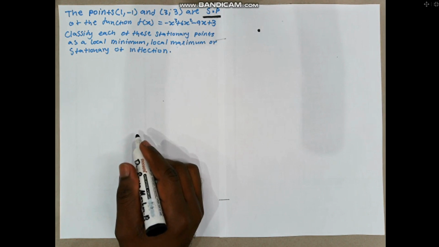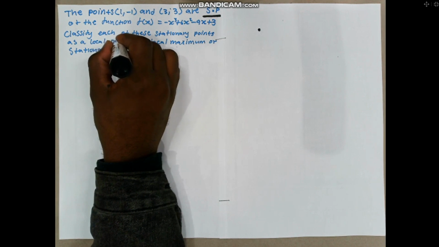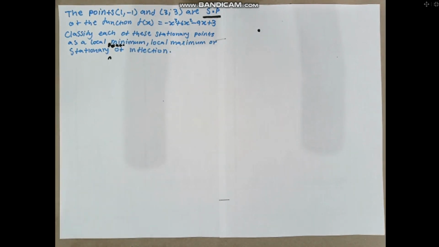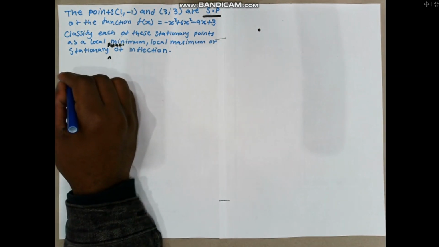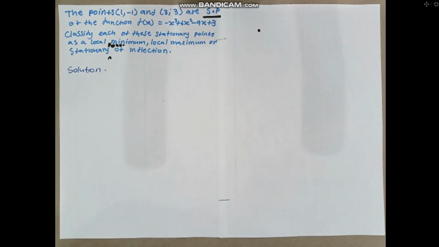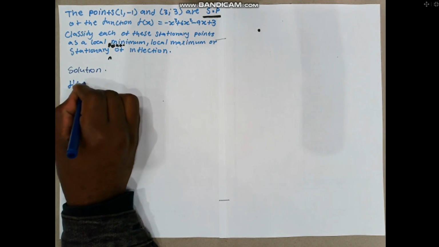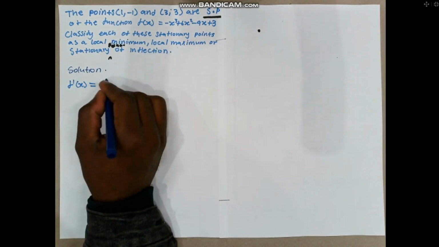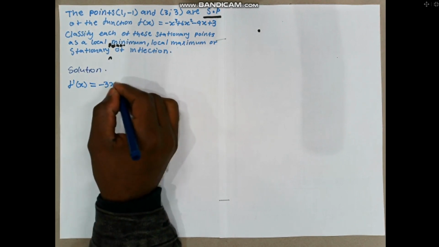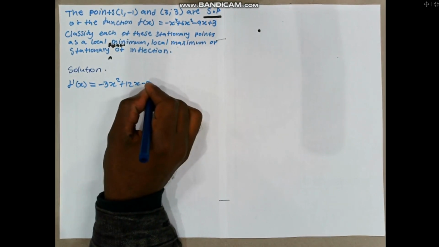How do we go about that? Doing our solutions, we need to find the first derivative of our function. We derive it to get -3x squared plus 12x minus 9.